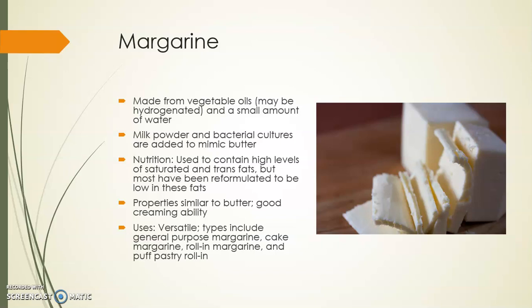One of those things is they can give it better creaming ability, and that would be your cake margarine. You can also make margarines with a better plastic range, and remember, plastic range means that it can be molded at a larger range of temperatures.